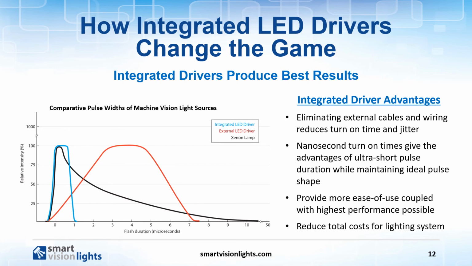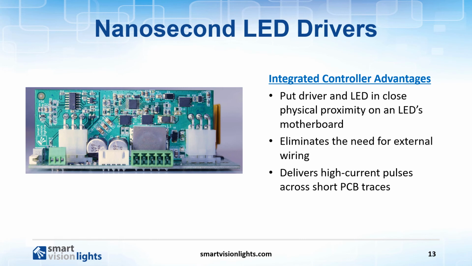Applied to high-speed imaging, such light sources permit incredibly short image acquisition times and precision timing that would be impossible to achieve using LED sources driven by external controllers and wiring. LED lights, powered by this advanced new driver technology, can be configured to enable sub-microsecond pulse edges and to maintain 1 microsecond pulse widths.